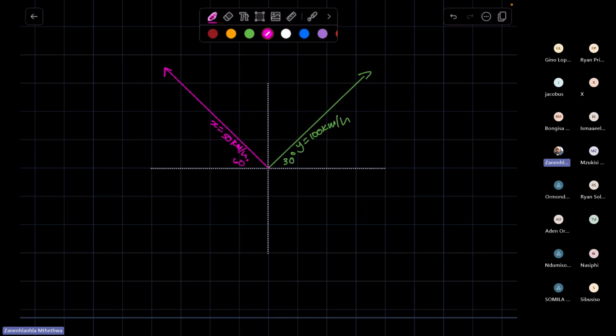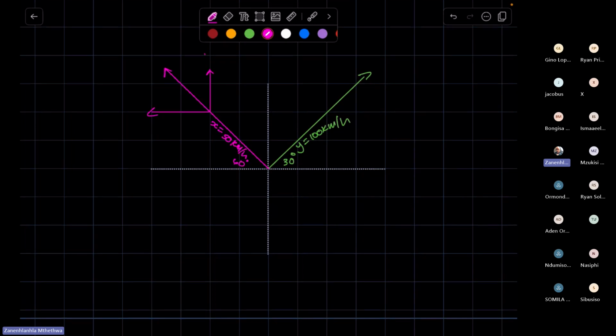Now, when resolving this, you're going to have a vertical component as well as a horizontal component, right? So the vertical component will be Vx sine theta, which is 60, and the horizontal one would be Vx cos 60 degrees.